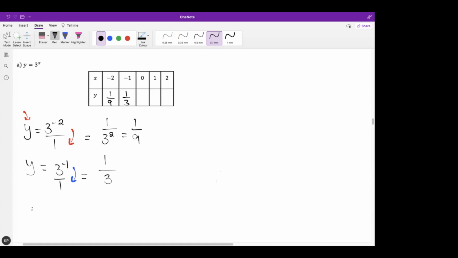Next one says y equals 3 to the power of 0. What is our rule about the power of 0? Anything to the power of 0 is going to give me? Give me a second.